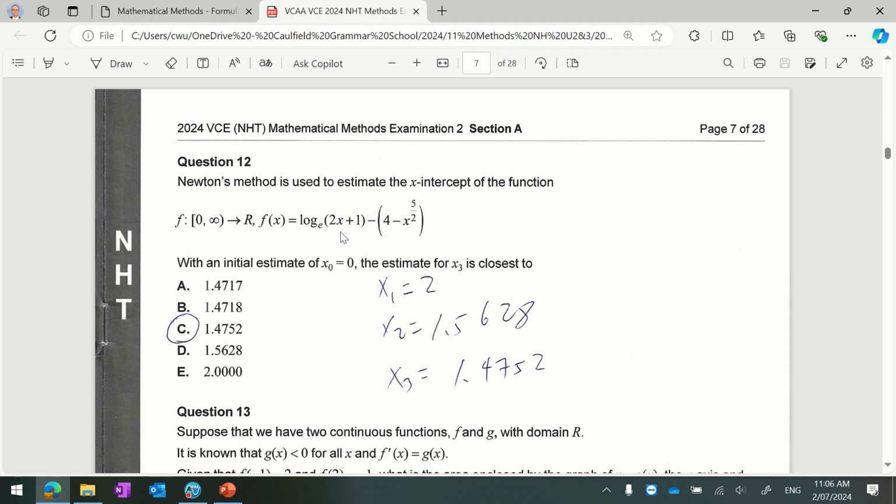Okay, and then we do Newton's method. The function is a logarithm and a 4 minus x to the power 5 over 2, so not the prettiest function. But with the initial estimate of x0 equals 0, we need x3.